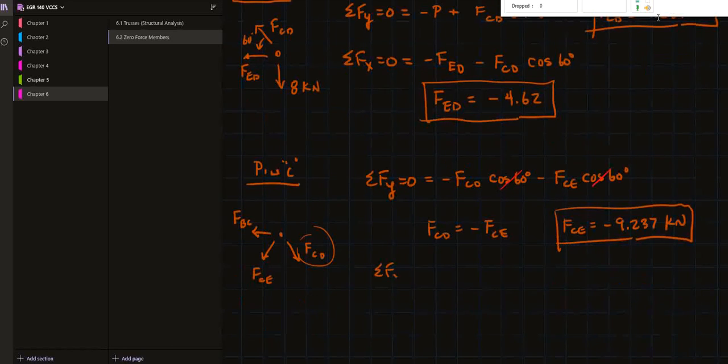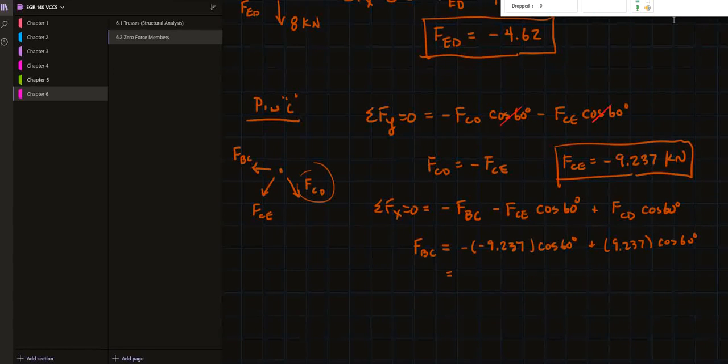Now, as I sum forces in the x direction, I end up with minus force BC minus force CE times the cosine 60 degrees. Is it the cosine 60 degrees? Yeah, these are all 60 degrees. Minus or plus the force in CD times cosine of 60 degrees.